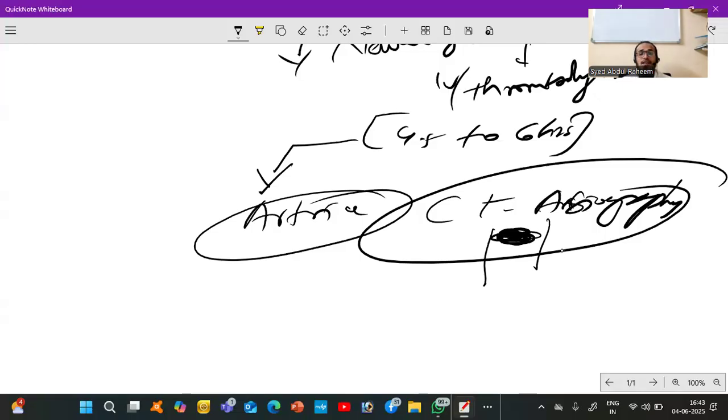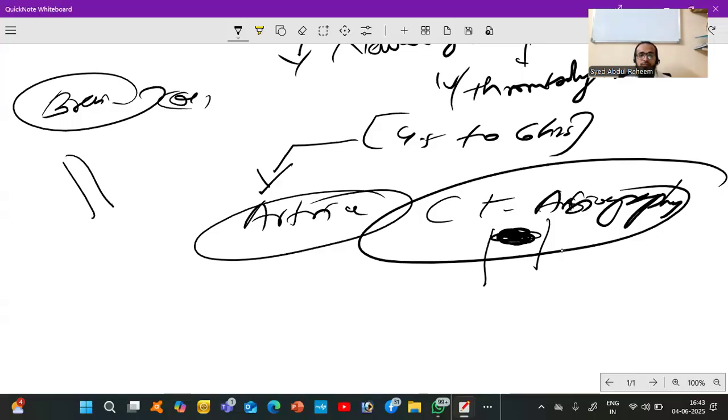But in the brain or heart we have collaterals, meaning if this artery is blocked, we have another artery supplying blood to the brain, and that is called collateral. Which collateral artery is supplying blood to that area, you can know from the CT angiography.